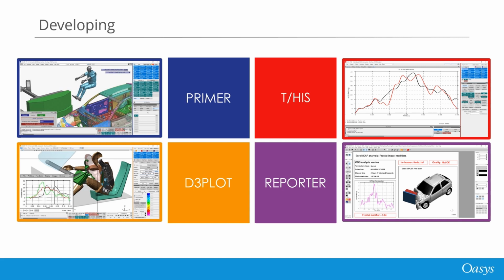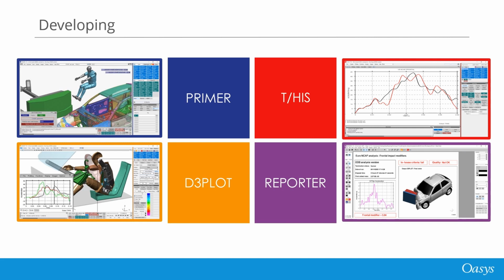So positioning dummies, for example, positioning seat belts, setting up connections like adhesives and bolts and things like that. We can do that all nice and efficiently with Primer. The other thing that's built into Primer is scripting functionality, so you can automate lots of your tasks using that.